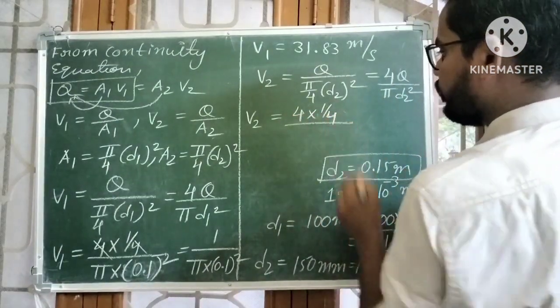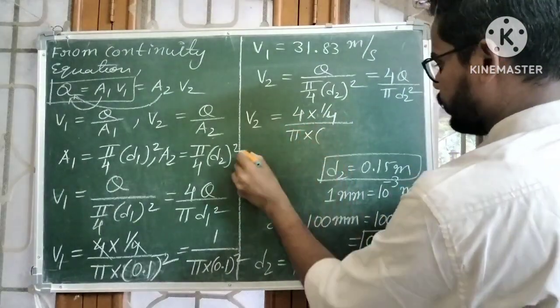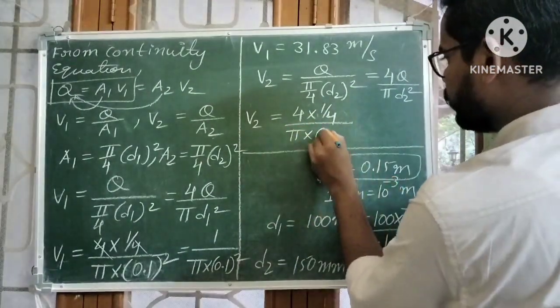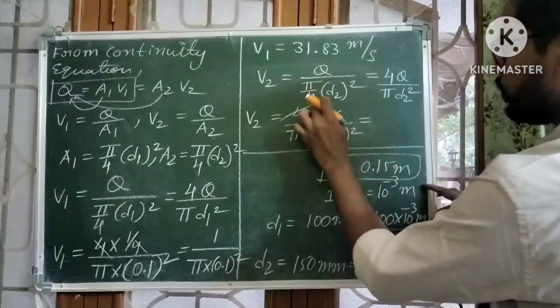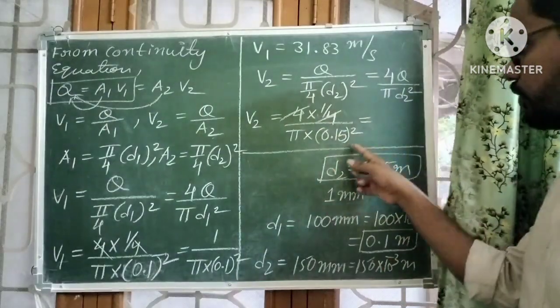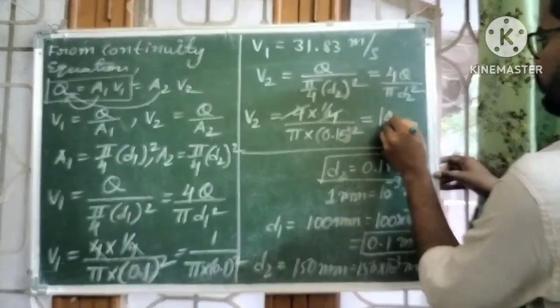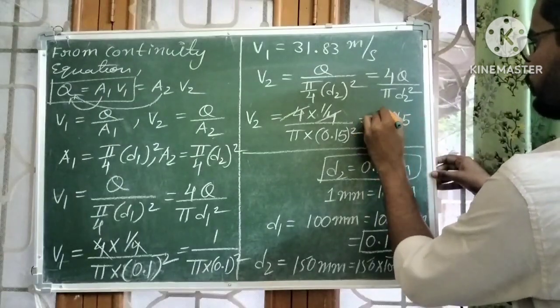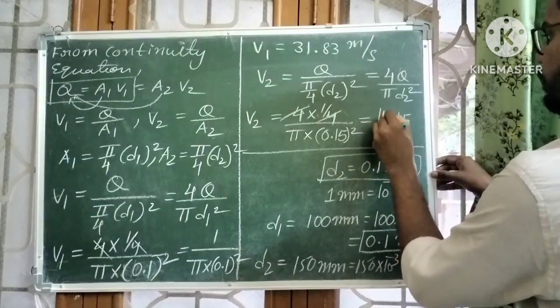Discharge value is 1 by 4 meter cube per second or 0.25. Pi into d2, 0.15 whole square. The 4 gets cancelled. You will get 1 by pi into 0.15 whole square. If you calculate this value, you will get 14.15 meter per second.